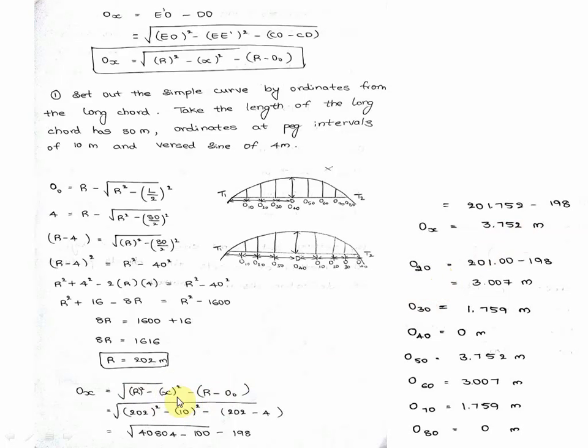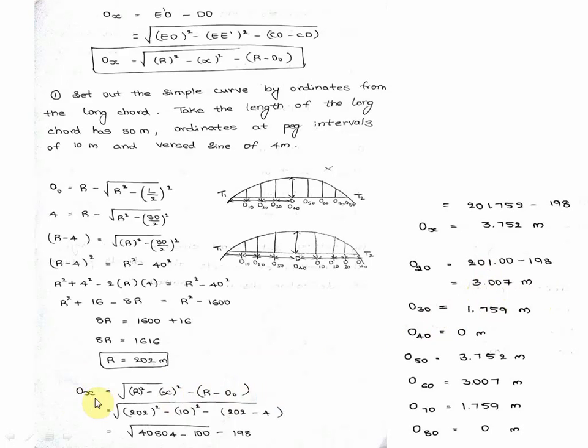For the 20 meter peg interval, x value is 20; for 30 meter, x value is 30; for 40 meter, x value is 40. For O20, root of 202 square minus 20 square, minus the bracket 202 minus 4, you will get 3.007 meter.